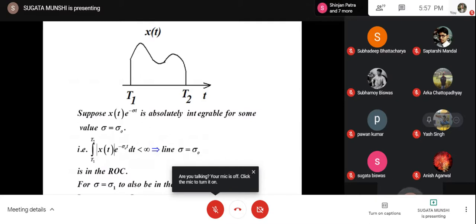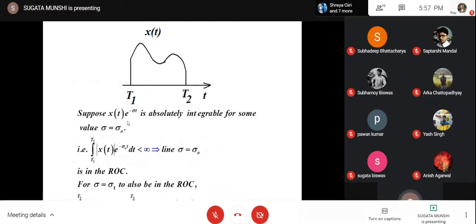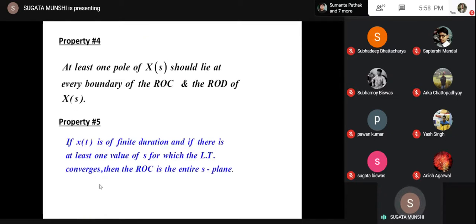So this is a finite duration signal. Suppose x(t) e to the power minus sigma t is absolutely integrable for some value sigma equal to sigma 0. So sigma equal to sigma 0 is a value where the Laplace transform converges.